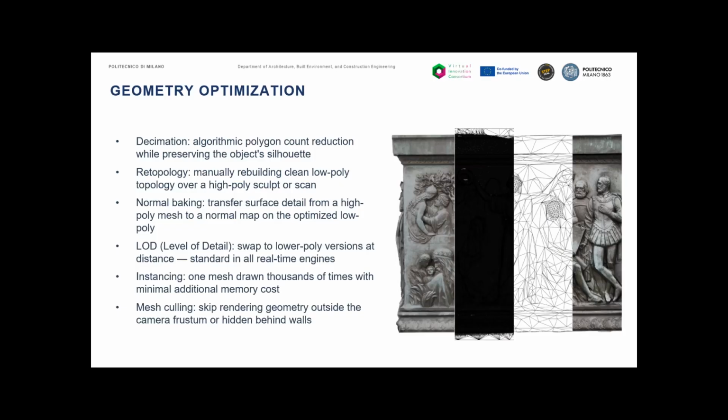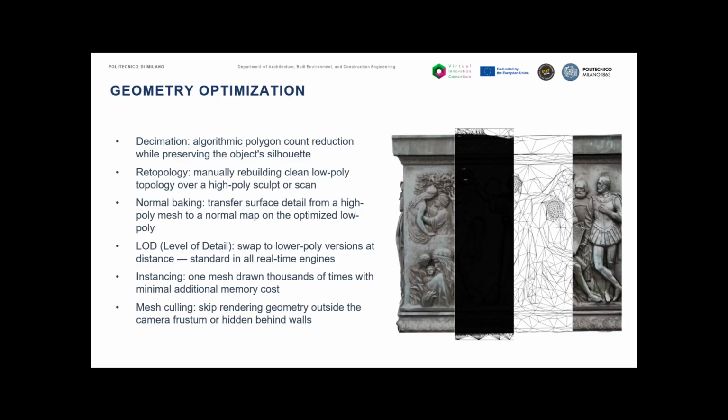So what do we use for geometry optimization? Decimation reduces polygon count algorithmically by collapsing edges, guided by a cost function that minimizes deviation from the original surface. The most common algorithm is quadratic error metric decimation. Then we have retopology, which is the manual reconstruction of a clean, low-polygon mesh.